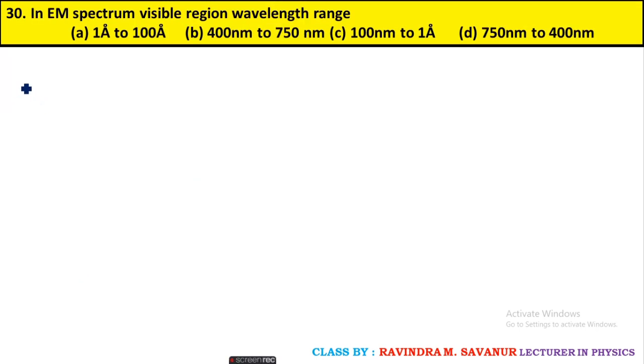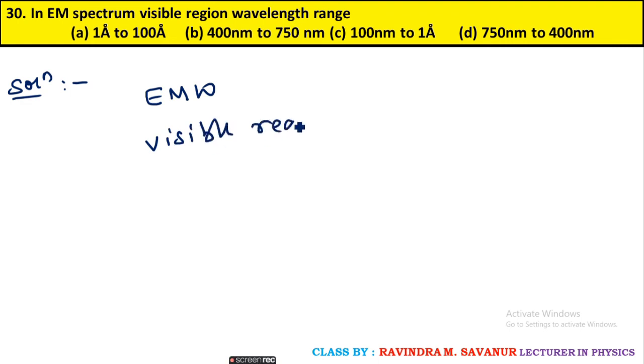Final 30th question. Can you guess the answer? In the electromagnetic spectrum, the visible region wavelength range is how much? Guess the answer, students. This is for the visible region of the electromagnetic wave spectrum. Which option is correct, students?